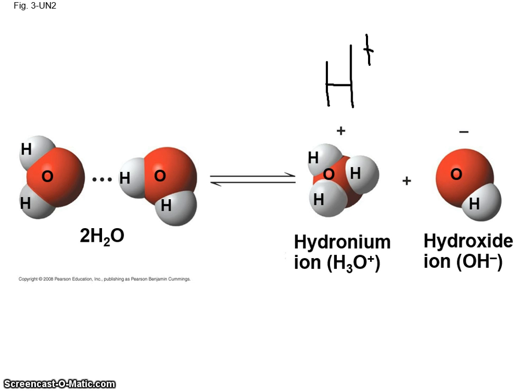If we add any solute to a solution that increases the amount of hydrogen ions in solution, we say that that is an acid. If we add any substances to a solution and it reduces the concentration of hydrogen ions, we say that is a base. So that's exactly what you'll see on the next slide here.